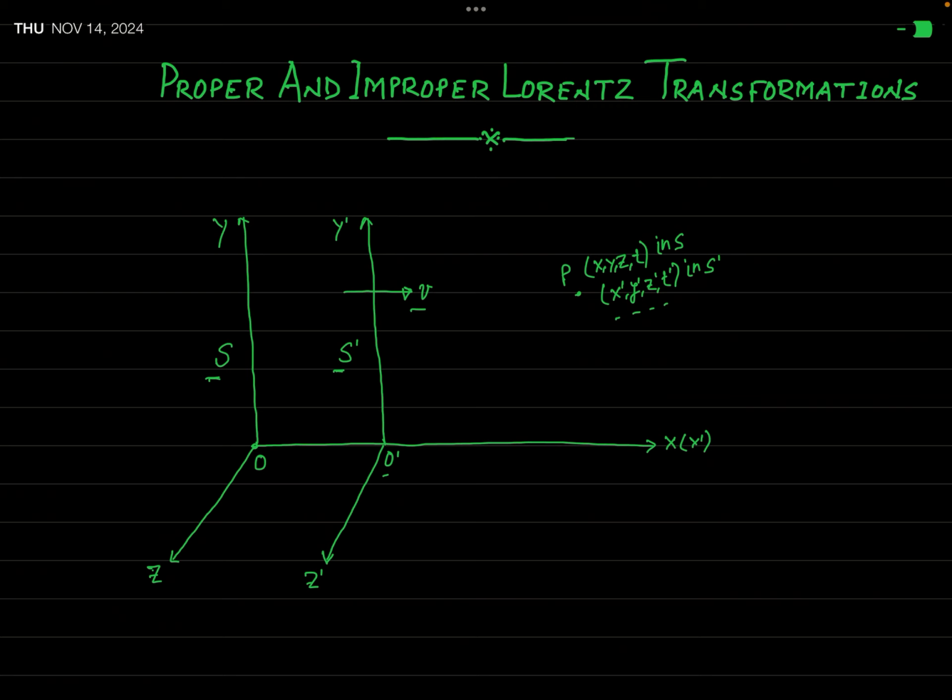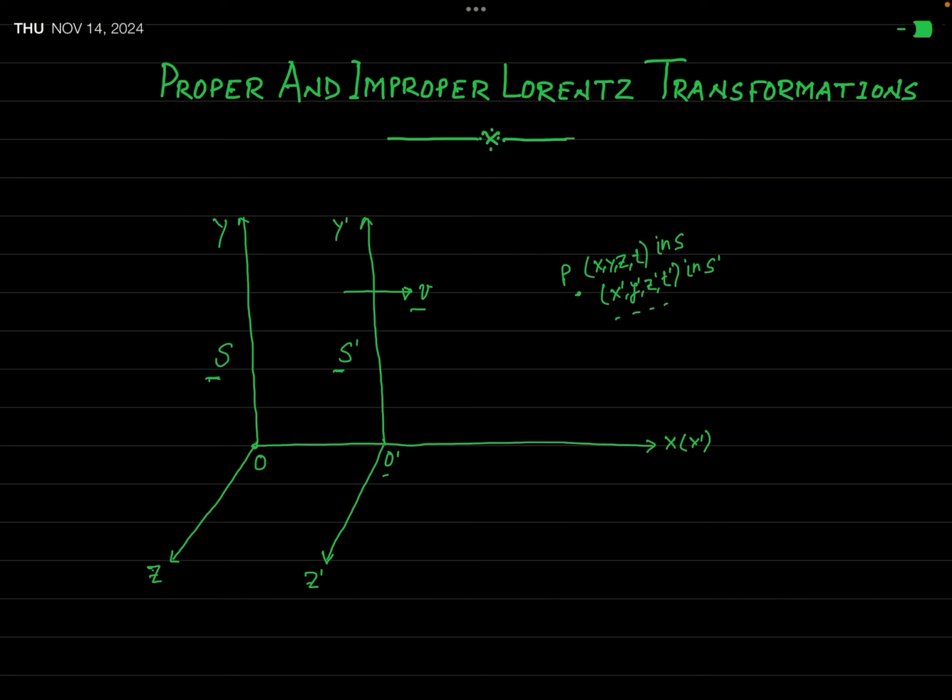Also we know from special relativity that a space-time interval is invariant. The space-time interval and the speed of light in free space, both are invariant.